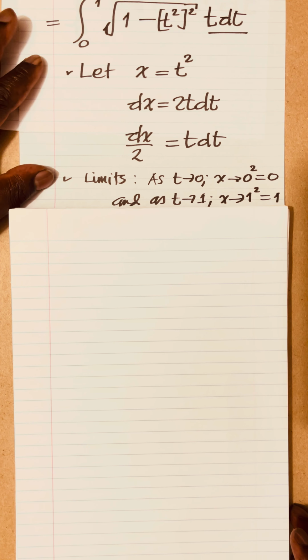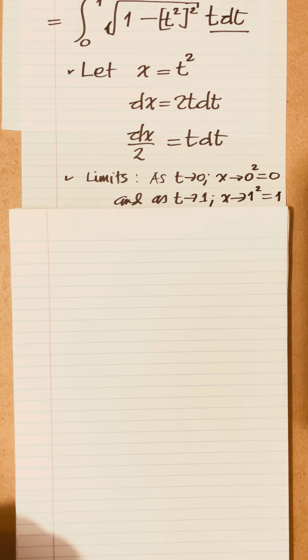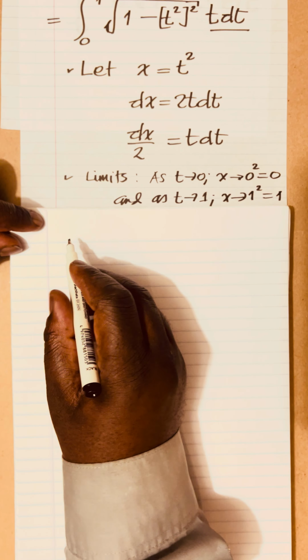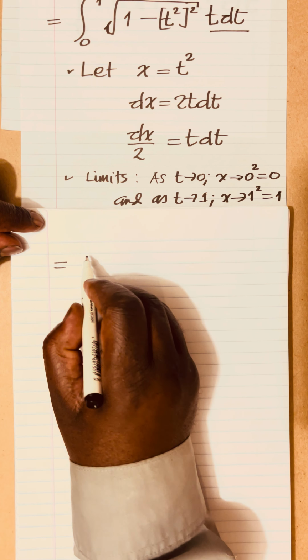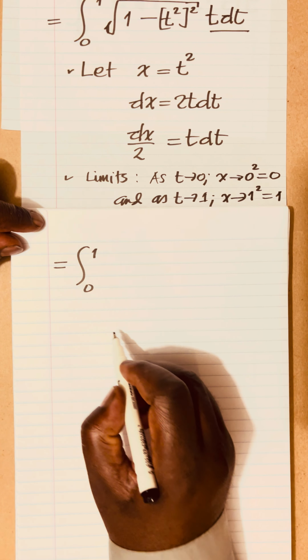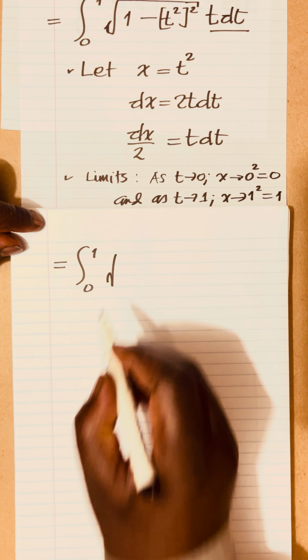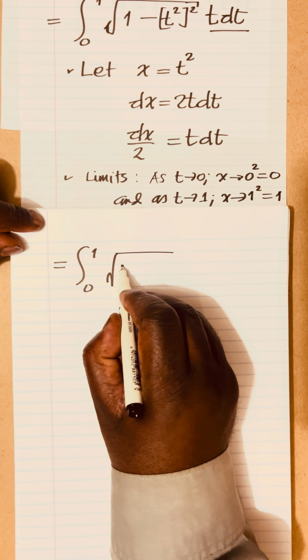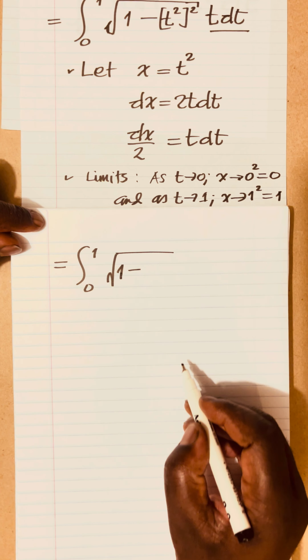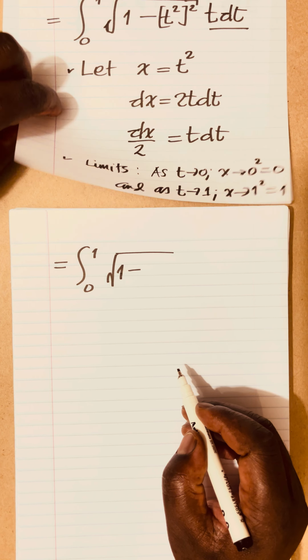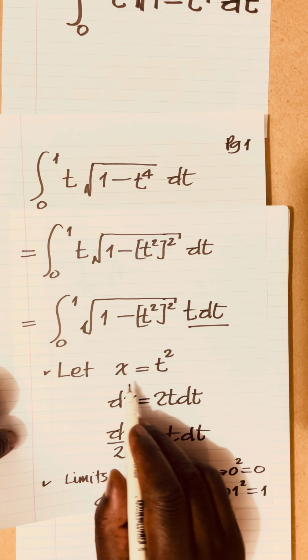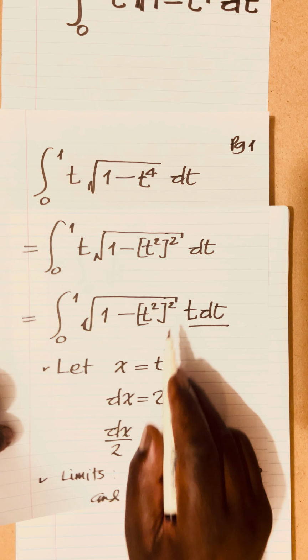So we now are going to say that the integral there is going to be equal to the integral from 0 up to 1. Remember, limits of integration do not change. Of 1 minus now t squared, this t squared raised to power 2, we put x here, it will be x squared.